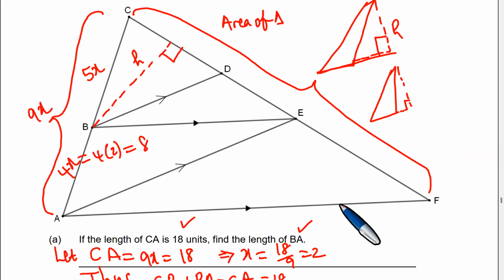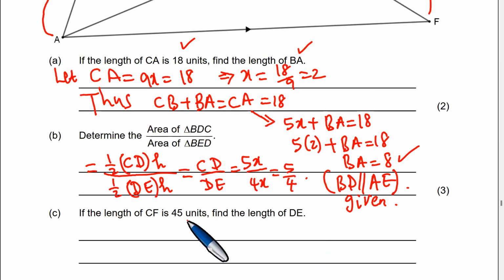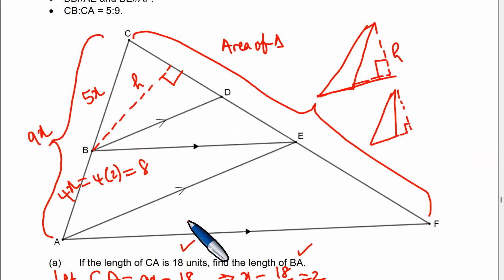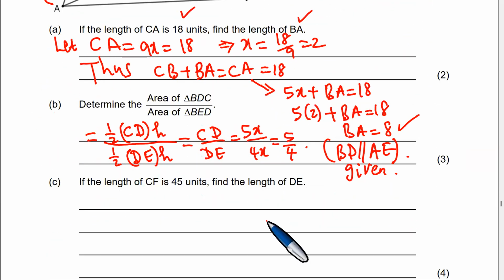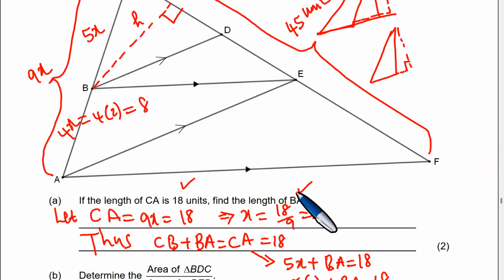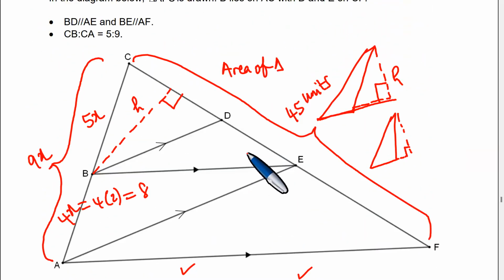So if this one is actually 45 units, like this, find the length of DE.